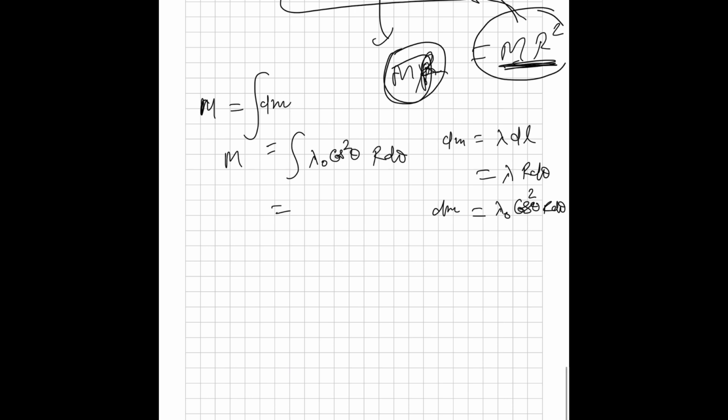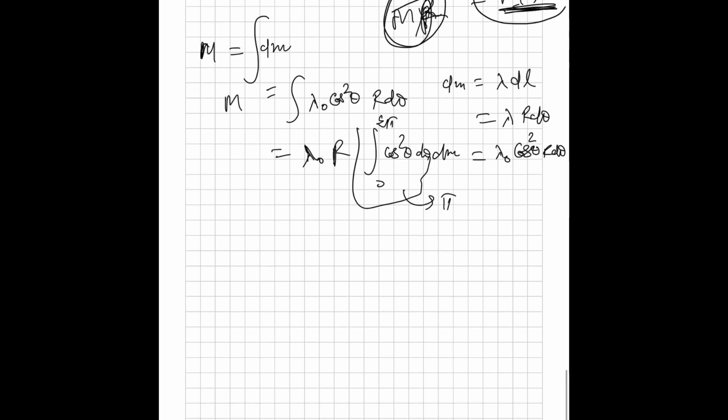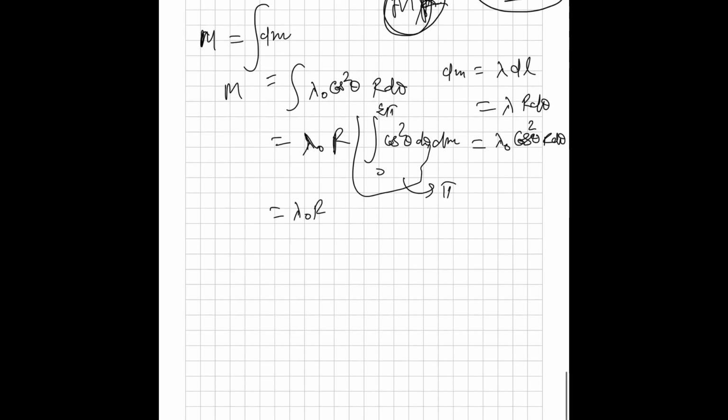So m equals lambda naught r times the integral of cos square theta d theta from 0 to 2 pi. Again, solving this integration, we will get pi. So lambda naught r pi is equal to m, lambda naught is m over pi r. We have got this expression.